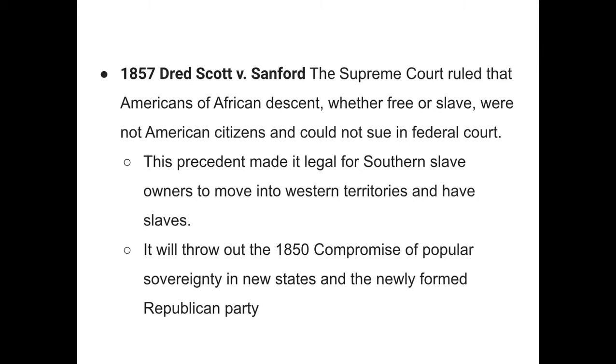And the Supreme Court ruled on that. Mr. Scott had been owned, and when he was a slave, they had moved to two other states along the way that were free.